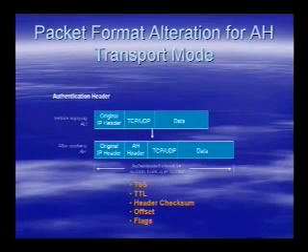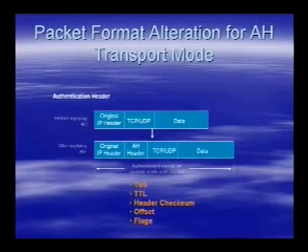So here's an example of how packets are altered if you're just using plain IP packets, and then if they're altered for AH in transport mode. Before applying AH, you have the original IP header, your transport header, either TCP or UDP, and then your data portion.